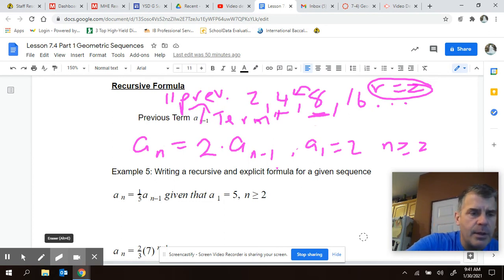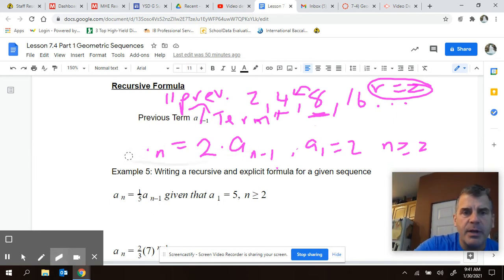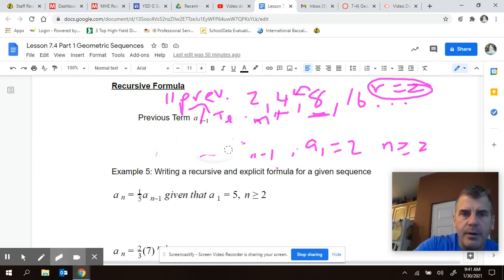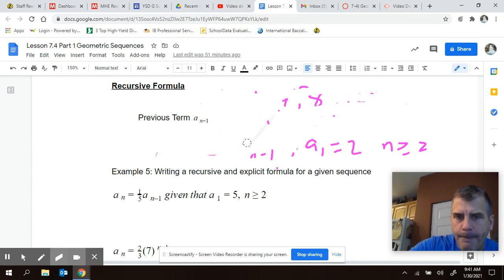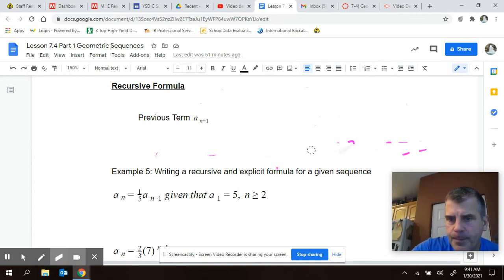If they give you the sequence equations, you should be able to generate those sequences. So here's a little side trip here, for you guys to be able to be efficient with your homework here. Let's take a look.